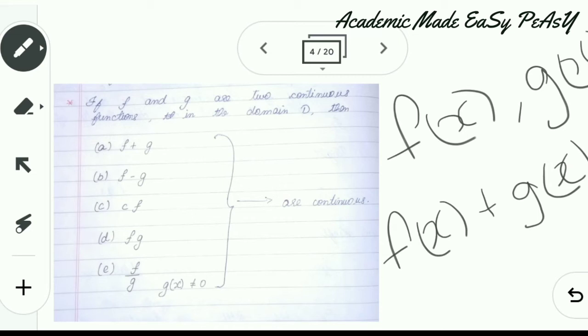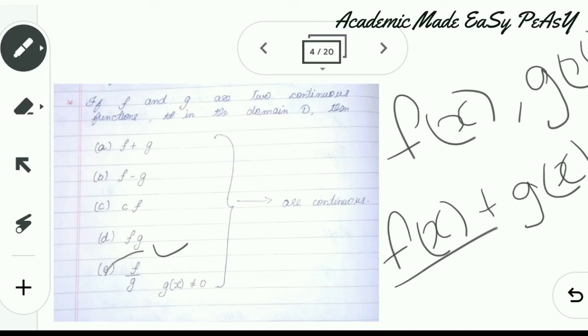Then f of x minus g of x, you have to understand. And next c f, here c is nothing but a constant. Any constant into the function f of x is continuous.